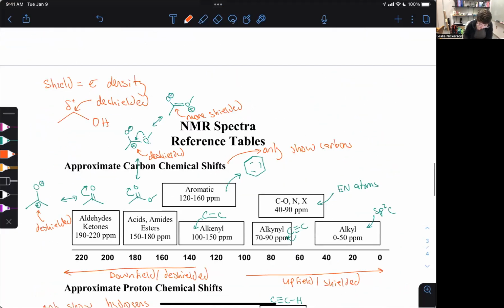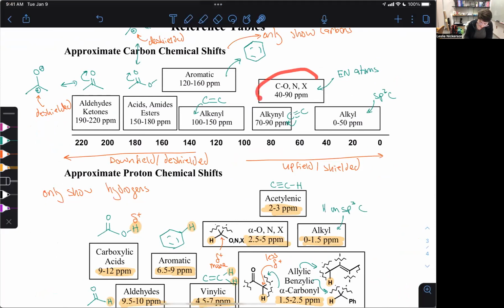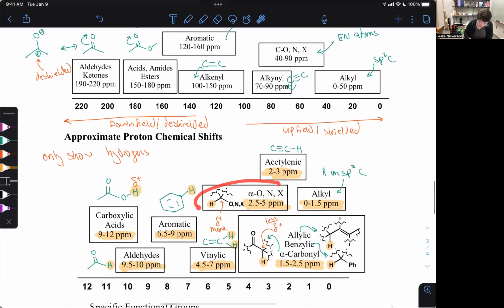I would say focus on if we can manage to find that C connected to O, that's why I picked 70. And this alpha to O is why I picked 4. The reason I picked those numbers specifically is I have just seen a lot of NMRs, so I know that a carbon connected to an oxygen is usually like 60 or 70, and an alpha to oxygen H is usually around 4. Okay, so that's how we're going to be using this whole process.